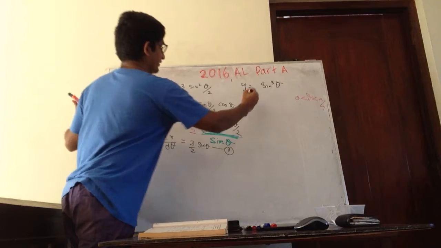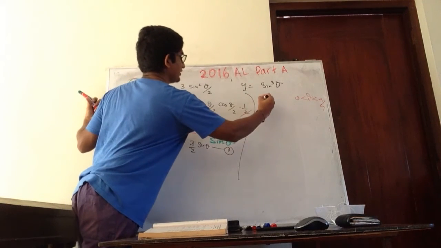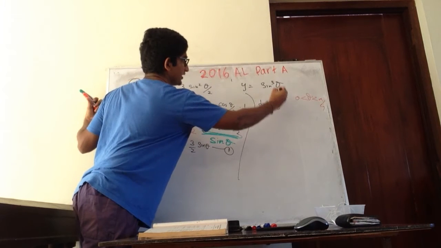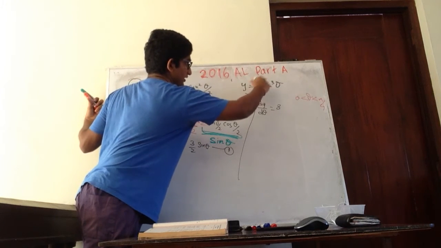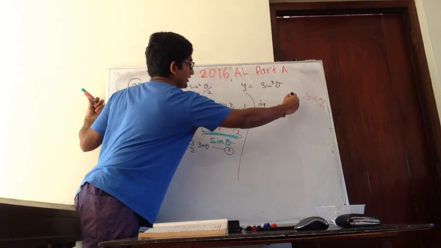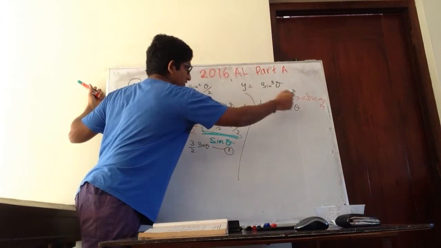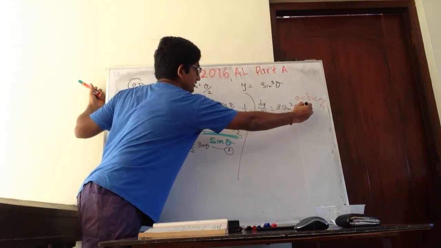Then I am going to get dy over d theta. That is 3 times, so the 3 comes here, sine square theta. Then I have to differentiate the sine theta part, which is cos theta.